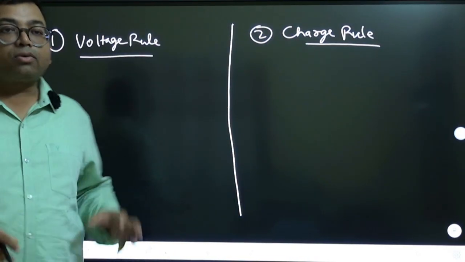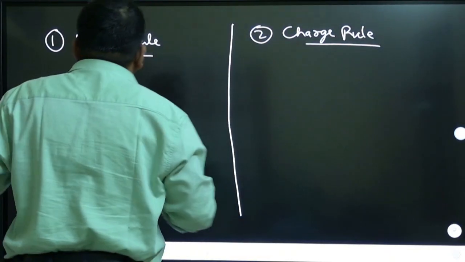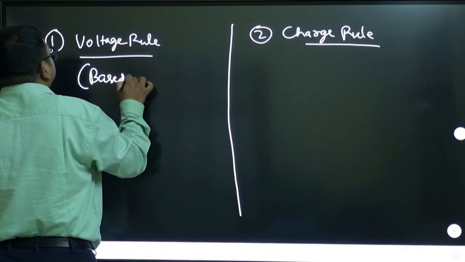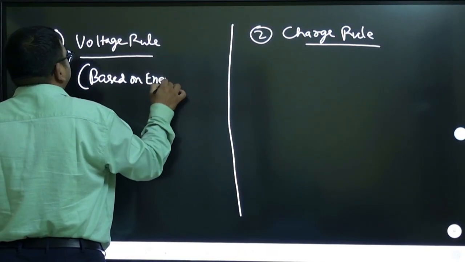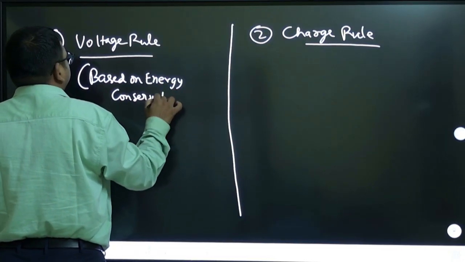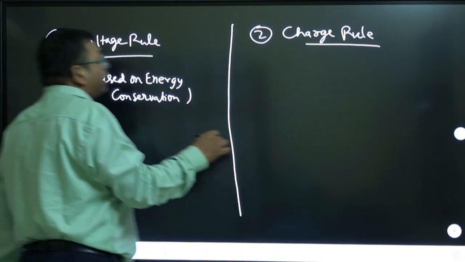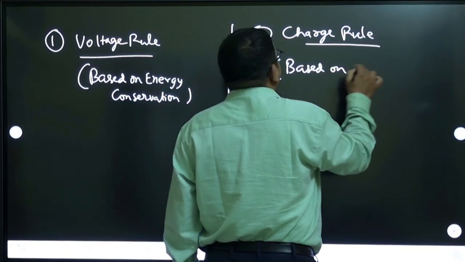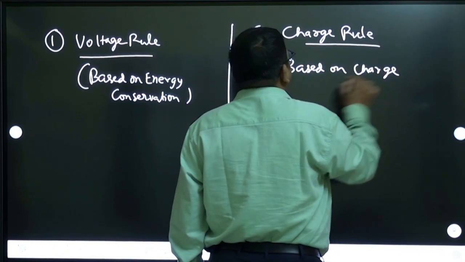So, what is the voltage rule? It is based on energy conservation. And what is the charge rule? It is based on charge conservation.